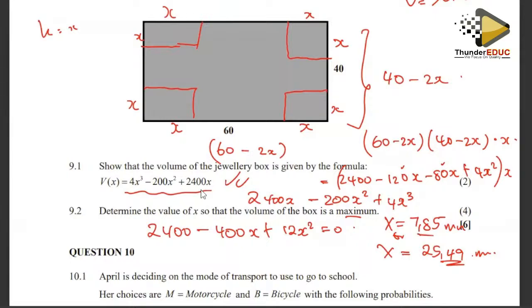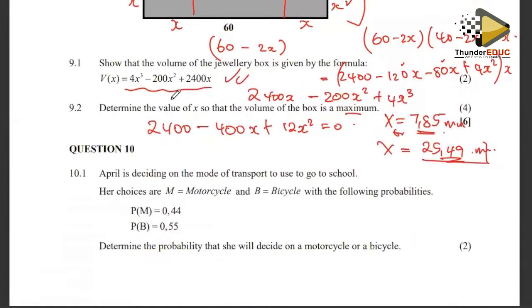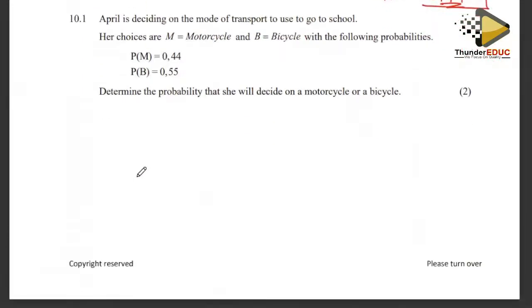So 7 is a bit reasonable. Why am I saying that? Because there's no way this 25 can fit here. 25 and 25, I mean, we can only obtain a 40. So 7 becomes the most reliable answer, 7.85.